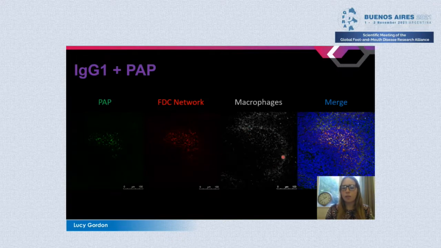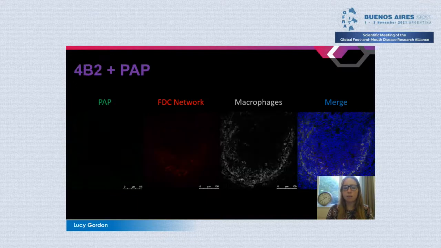These are marginal zone macrophages which line the light zone germinal centre, and here is the merge with the blue as the nuclei. When you pre-treat with 4B2, PAP is unable to bind in the FDC network, and this proved that the 4B2 monoclonal antibody was working in the mice in vivo.